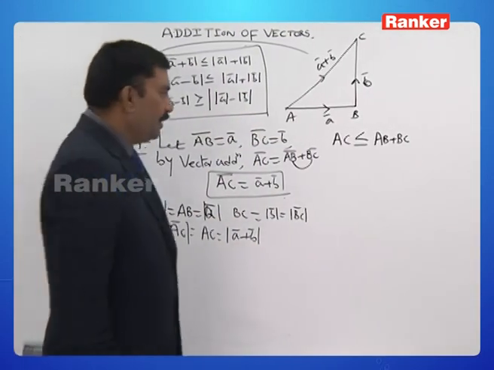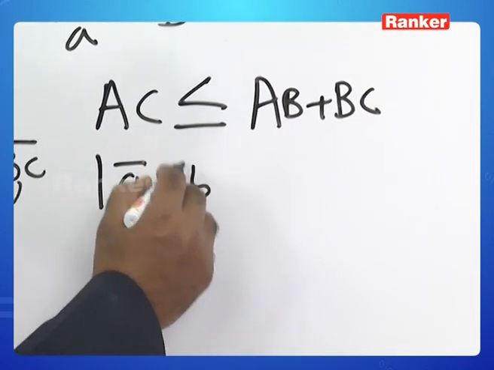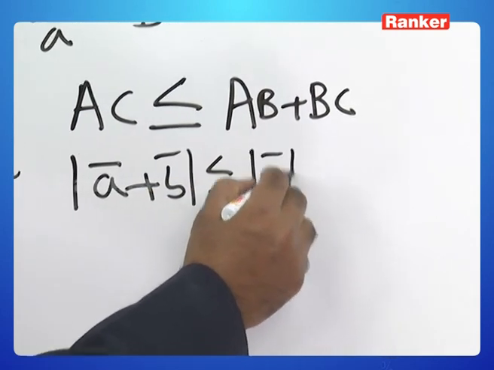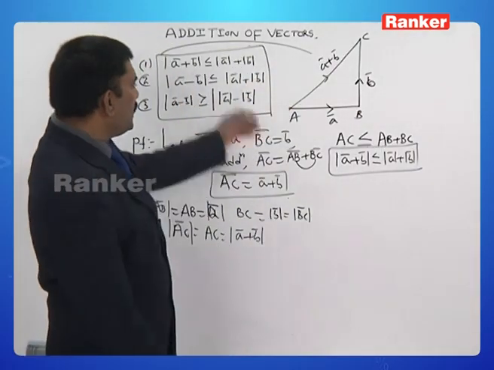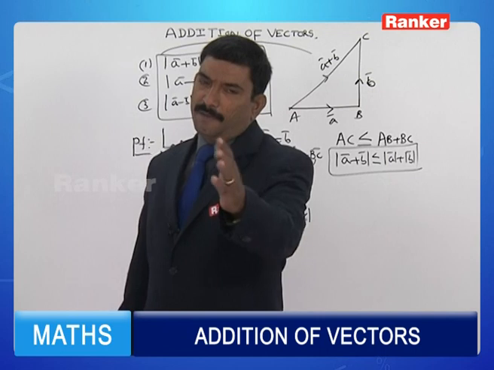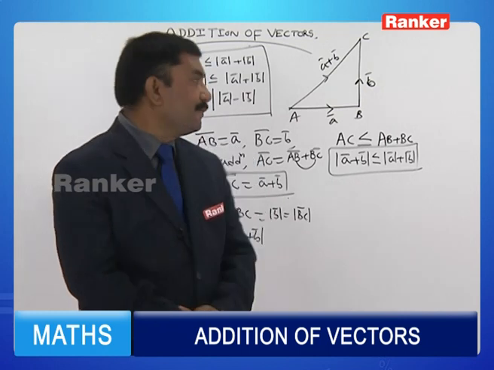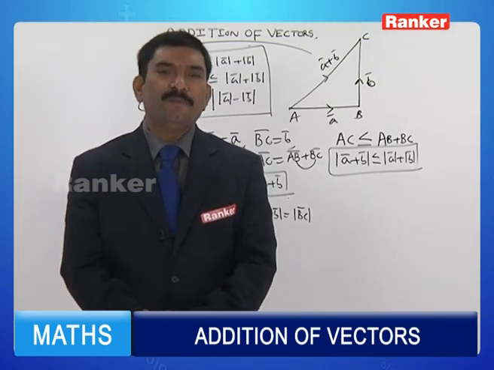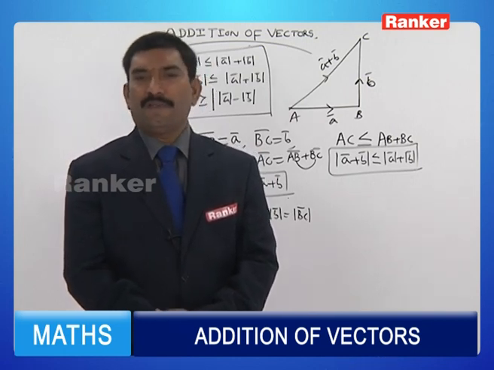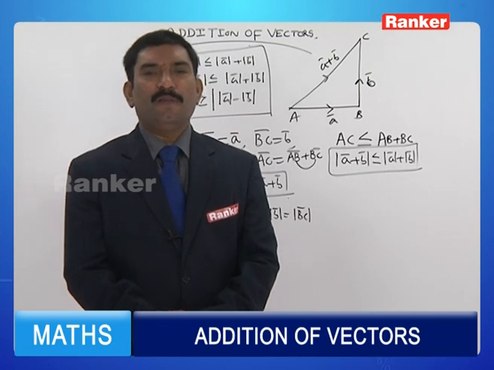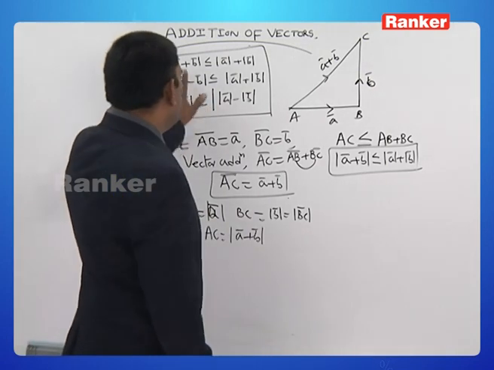By using the triangular property, AC is nothing but A bar plus B bar, AB is modulus of A, BC is modulus of B. We could prove the first identity: modulus of A bar plus B bar is less than or equal to modulus of A bar plus modulus of B bar. AC is less than or equal to AB plus BC, that is, modulus of AC bar is less than or equal to modulus of AB bar plus modulus of BC bar. Okay, now we have proved the first condition.